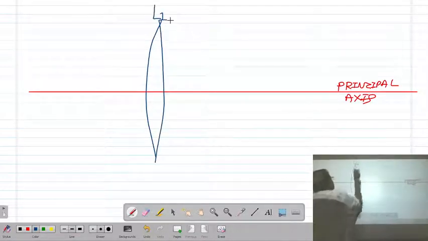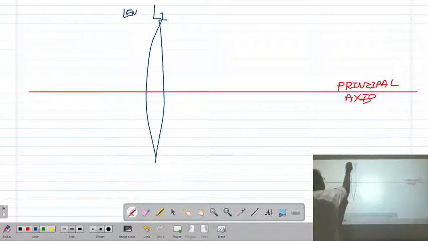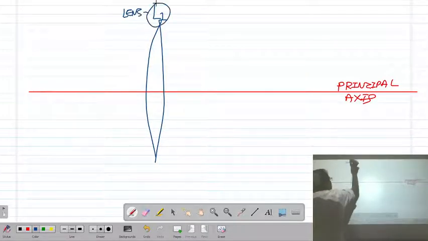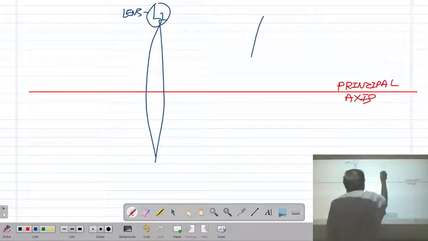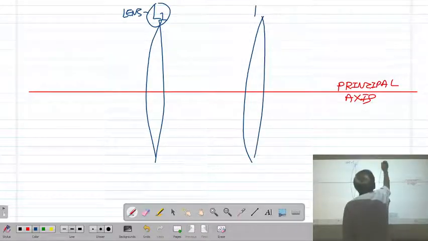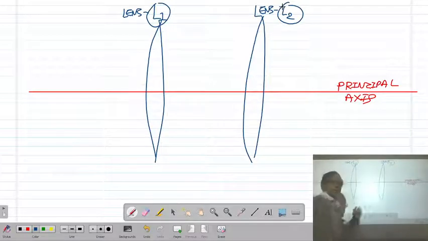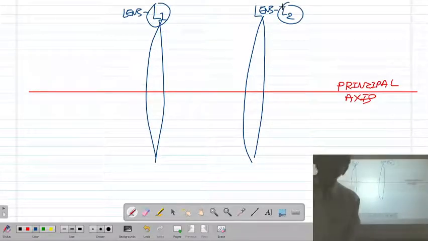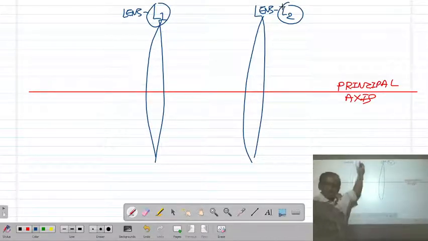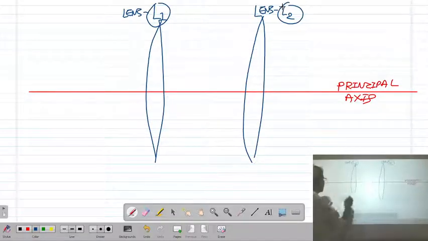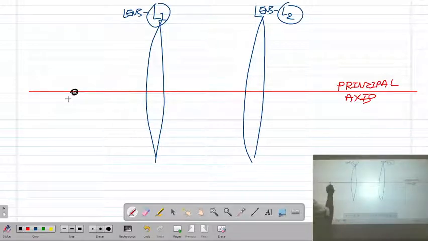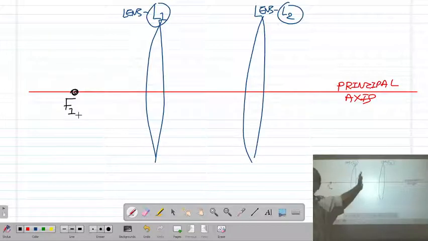This is lens L1 and this is lens L2. So let us consider a system of two lenses. I consider one point F1 on the left hand side of the optical system.